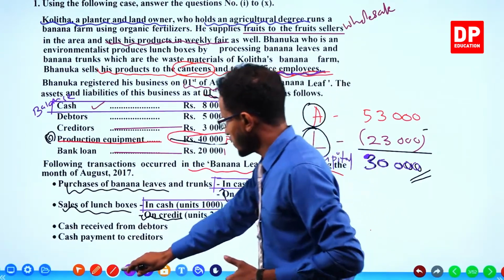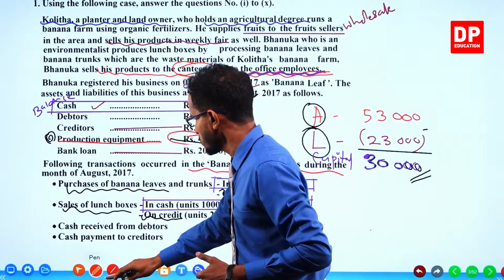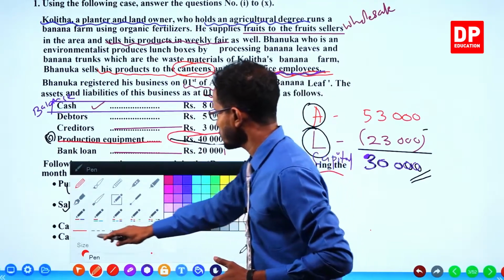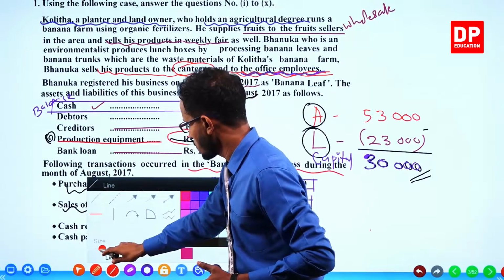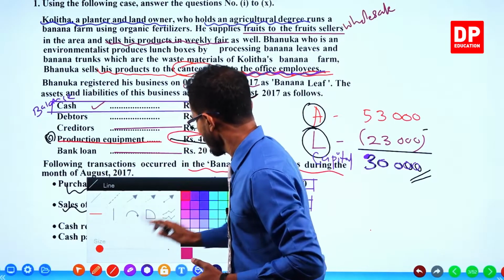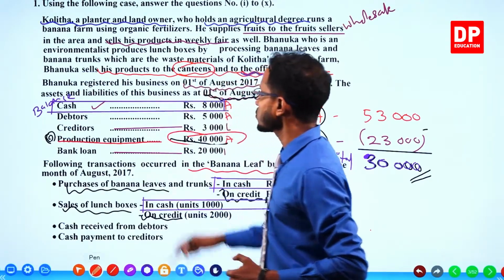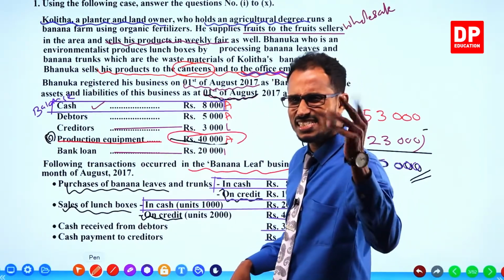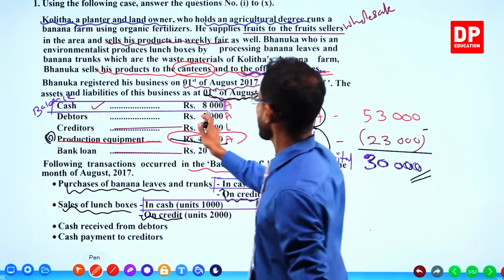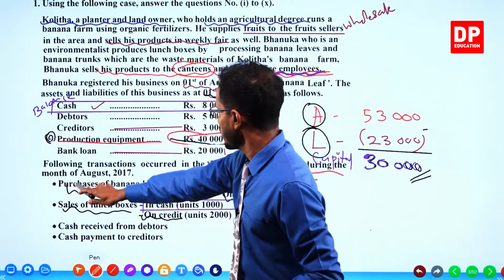We are going to take the cash balance 8,000 and enter it to the cash book. Let's take a few items. Cash balance 8,000.